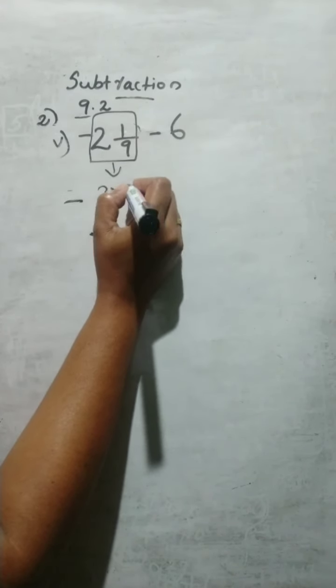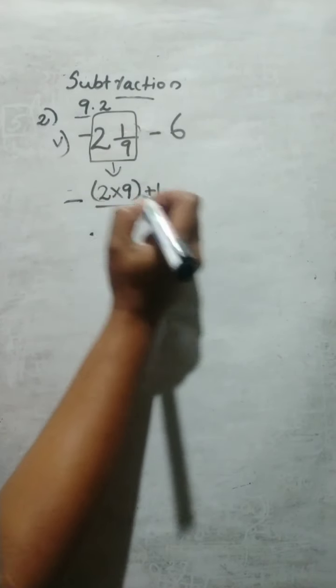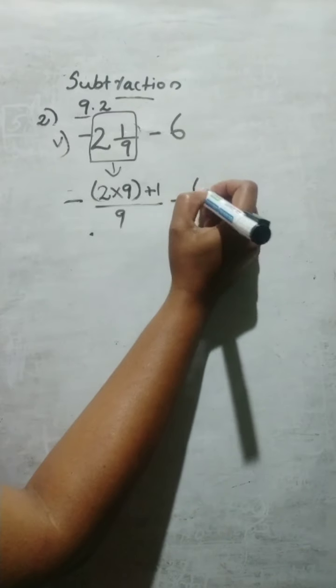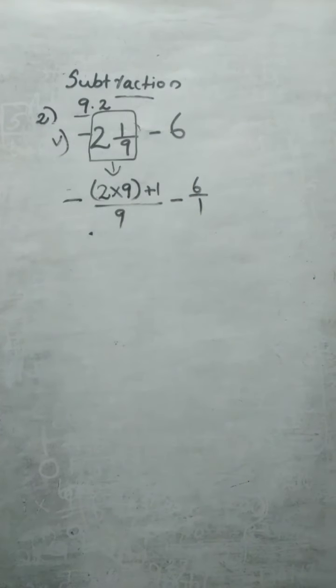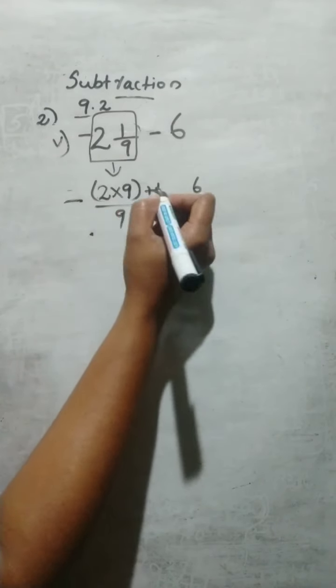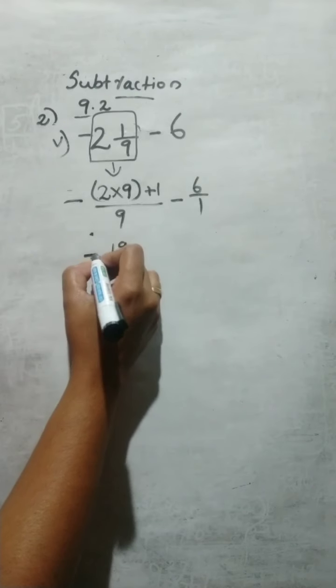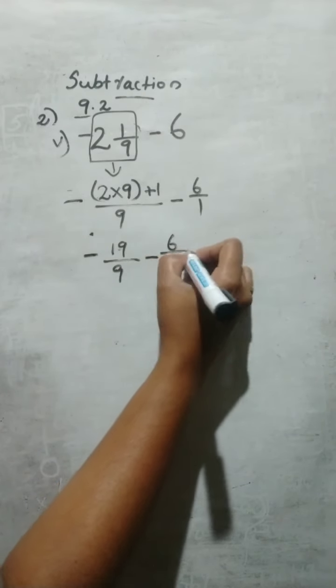So 2 times 9 plus 1, the whole by 9. The denominator is 9. Minus 6, we can write it as 6 on 1. Then 2 times 9 is 18, plus 1, 19. 19 on 9. So here negative 19 on 9 minus 6 on 1.